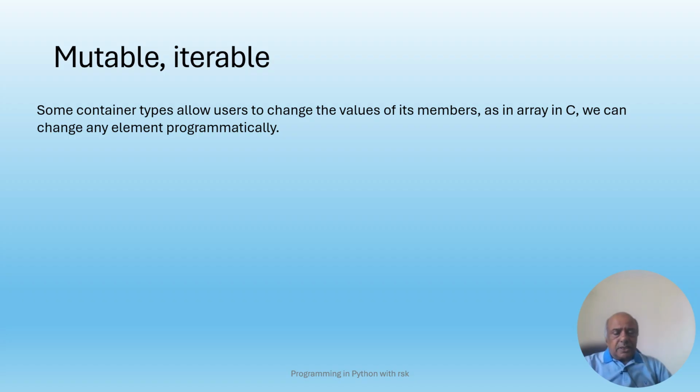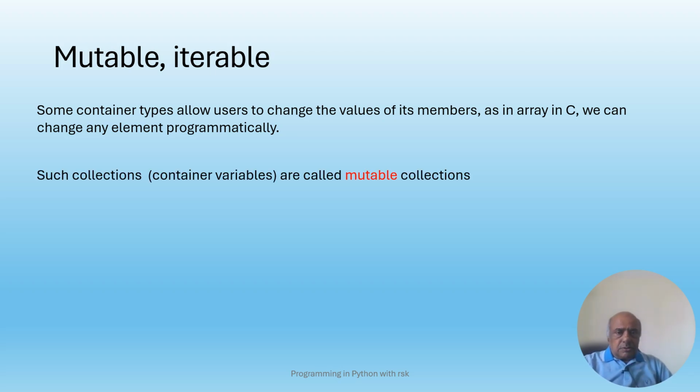If we declare a particular mutable container and insert certain values in it at the time of writing the script, later on we can manage the program in such a way that, with certain logic, the values stored in those containers can be changed during runtime. Such containers are known as mutable collections.